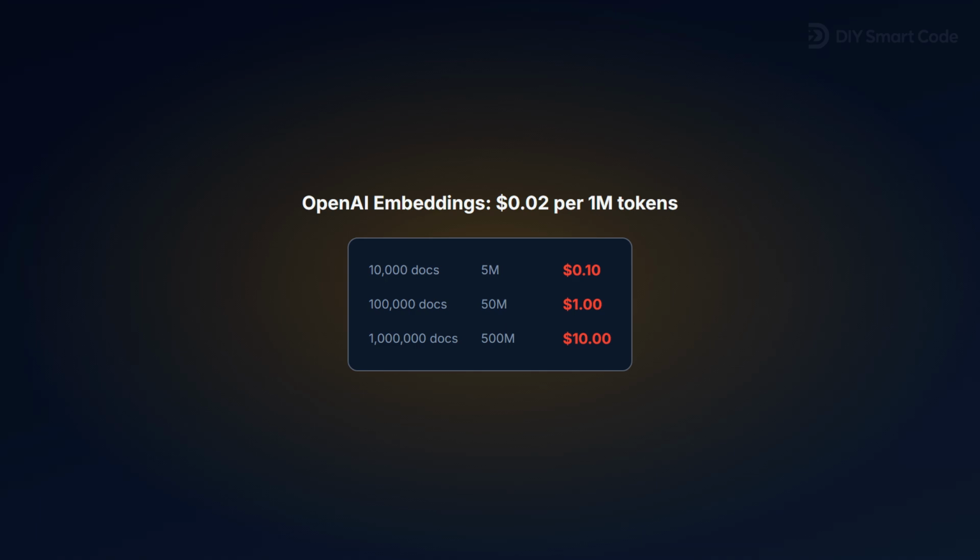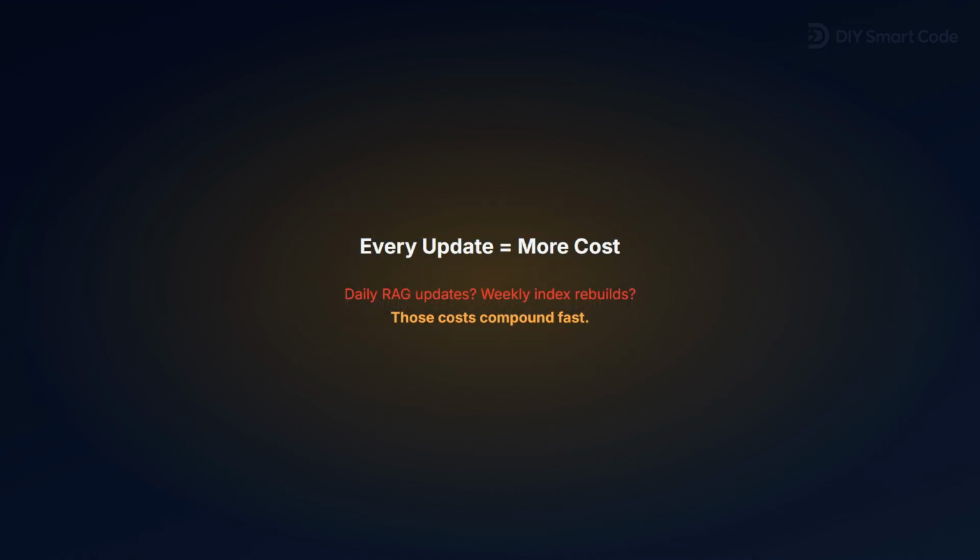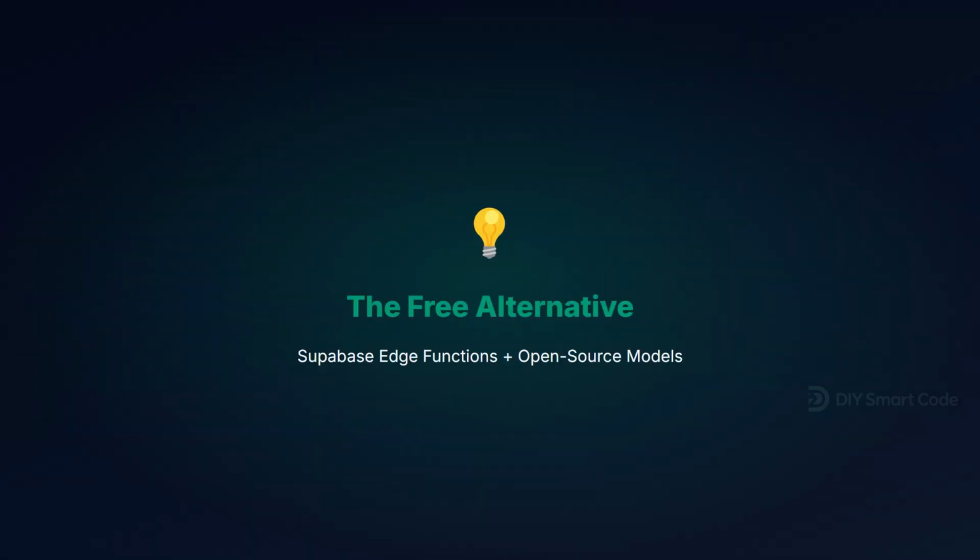Cost? About 10 cents. Now scale up. 100,000 documents equals 50 million tokens equals $1. 1 million documents? That's $10. And remember, this isn't a one-time cost. Every time you add or update documents, you pay again. Building a RAG system that updates daily? Those costs compound fast.